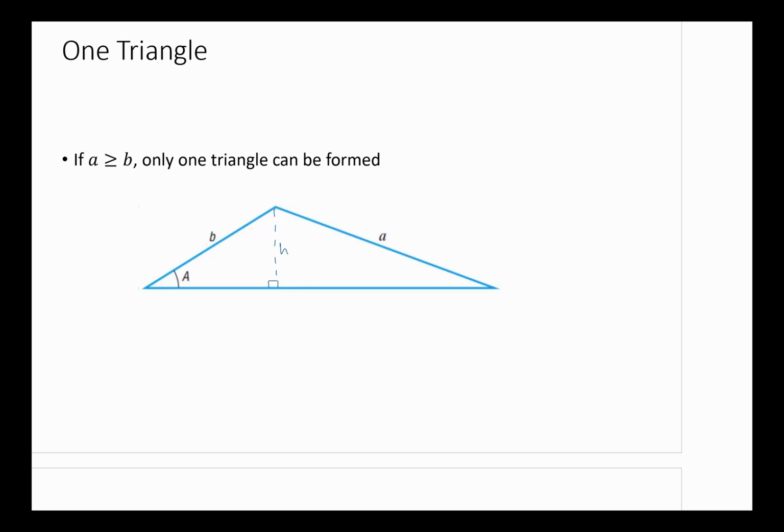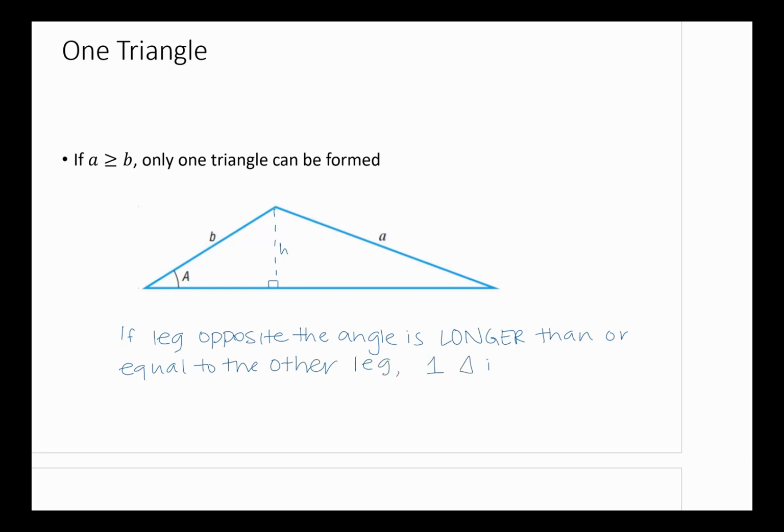A would obviously be greater than the height, but the most important part is that A is going to be greater than B. So if the leg opposite the angle is longer than or equal to the other leg that you have information about, one triangle is possible. And notice here, it is not a right triangle. It's just one triangle. So it will most likely be an obtuse triangle there.